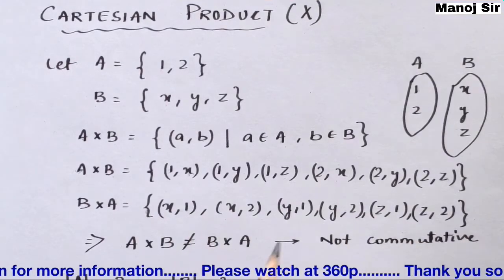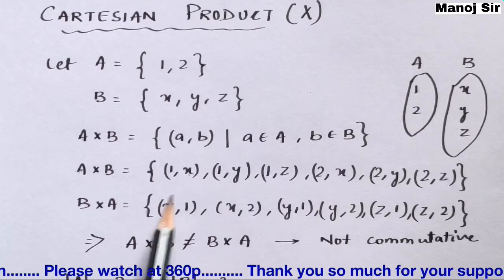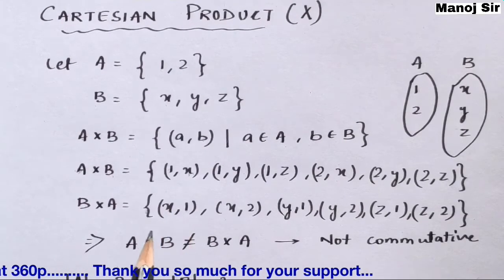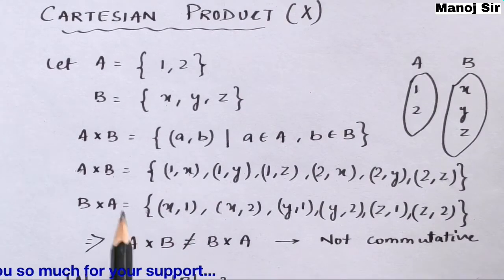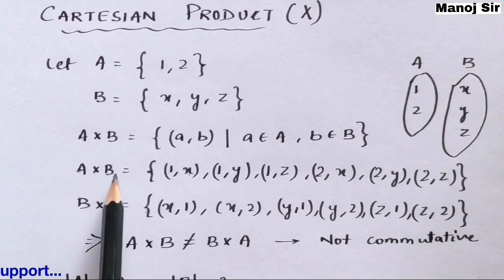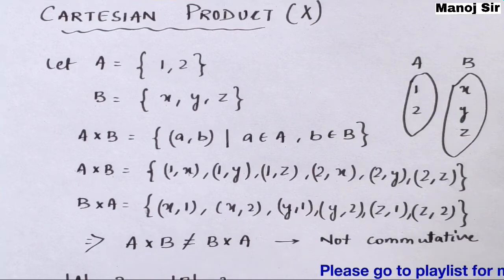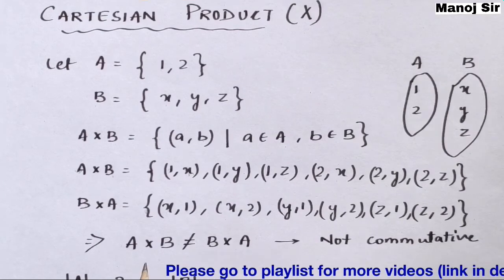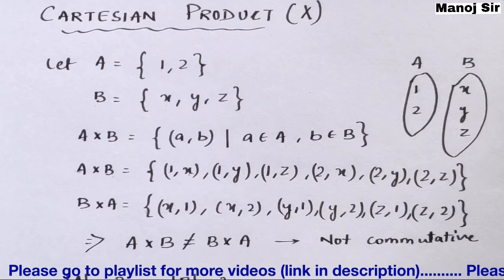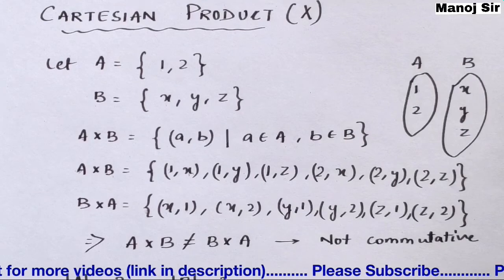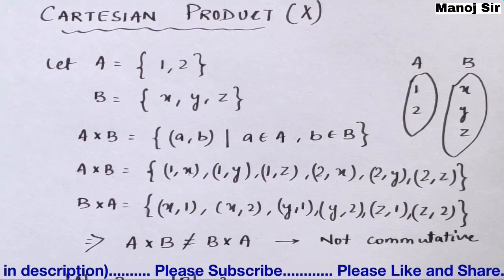You cannot change the order, that would be wrong. From A cross B and B cross A, it is clearly visible that both are not equal, so they are not commutative. A cross B is not equal to B cross A because the order matters.